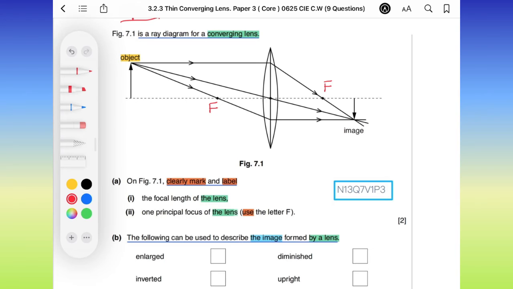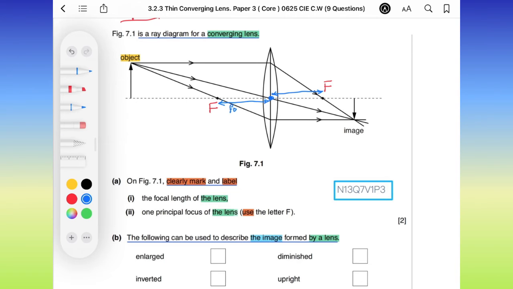The focal length is the distance between the optical center and the focus. So you can label this, and you have to draw an arrow. This is considered the focal length, and this is also the focal length.